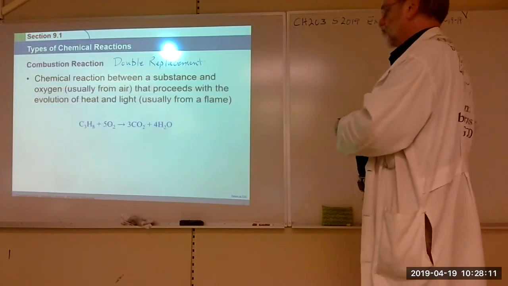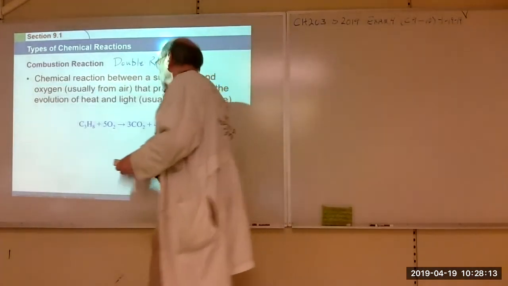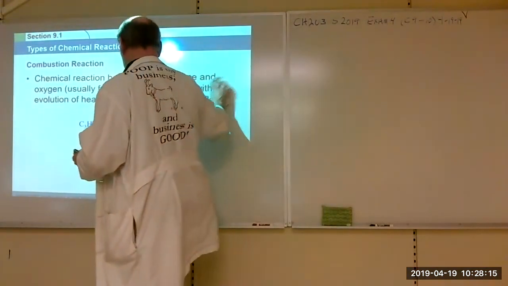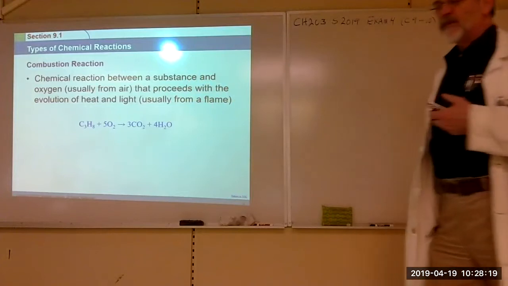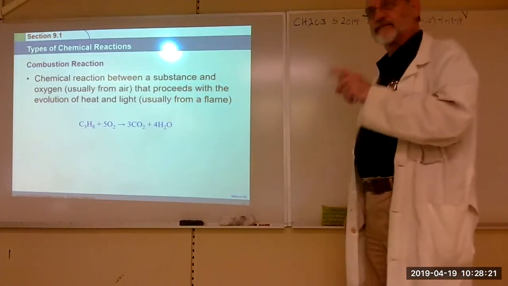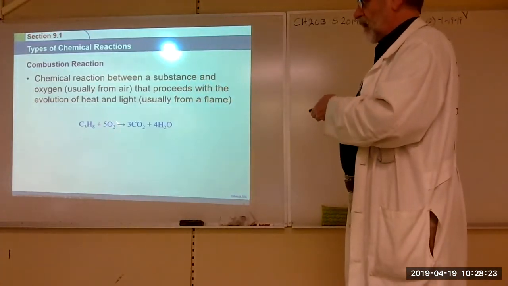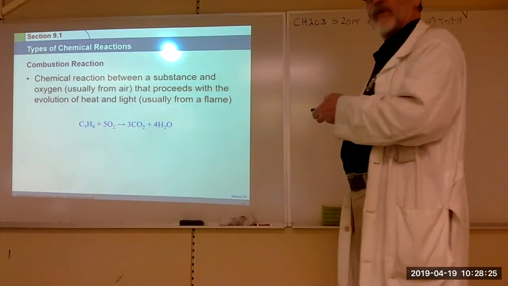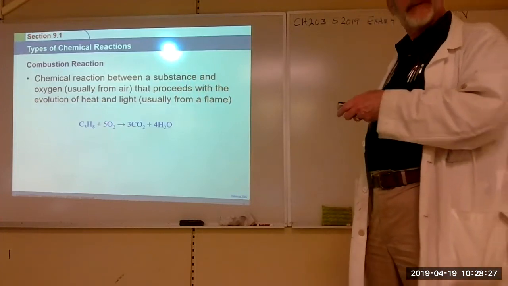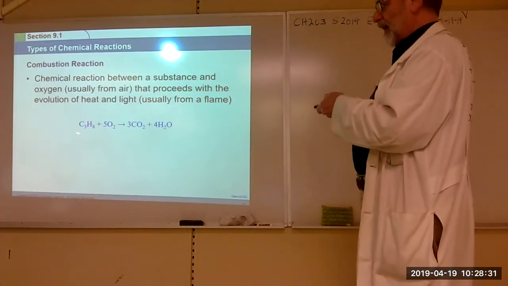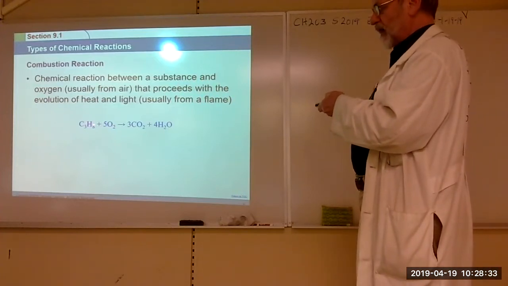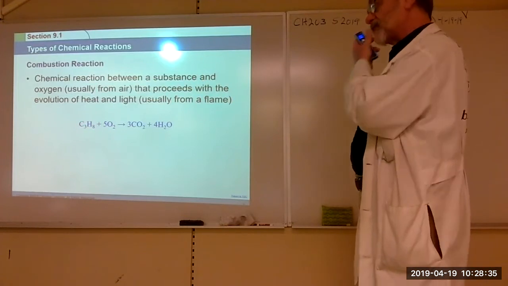Here we go. This type of reaction is a combustion. Combustion reactions have one thing in common. They always have elemental oxygen as one of the reactants. Right? We call it burning. So this is a hydrocarbon, hydro for the hydrogen and C for carbon.